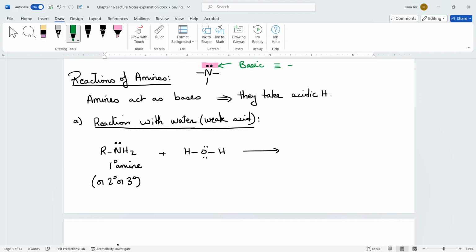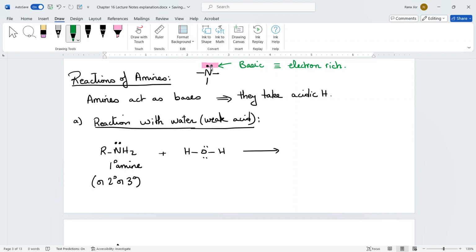Basic is another word for electron rich. Okay, so amines use the lone pairs to act as a base, and the rule always with acid-base reactions is that bases take acidic hydrogens. So the role for the nitrogen here is to use its lone pair and react with an acid and take its hydrogen.